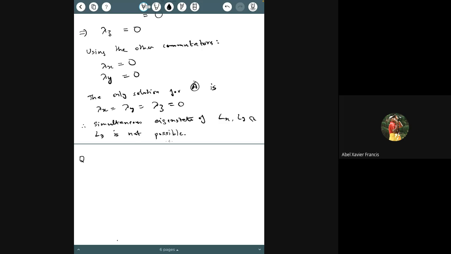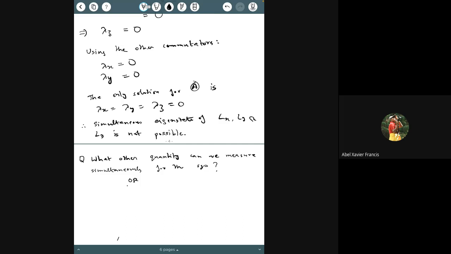So what other quantity can we measure simultaneously for the system?